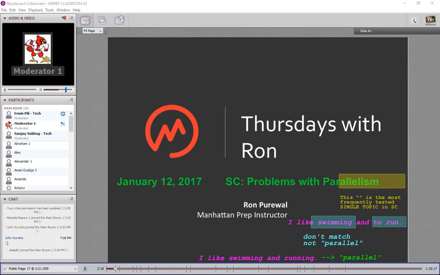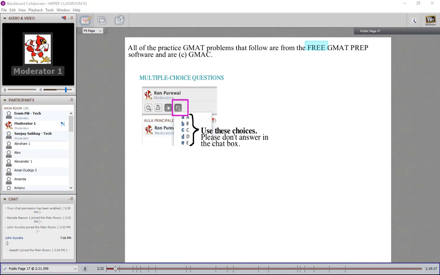Cool. All right, let's move on to some problems. Here's the copyright notice again, just so that it shows up on the recording. These problems are all from the free GMAT Prep software. Also remember that whenever we have a theme in sentence correction, you kind of have an unfair advantage, in the sense that you know all of today's problems are at least going to contain the theme of today, which is parallel structure.